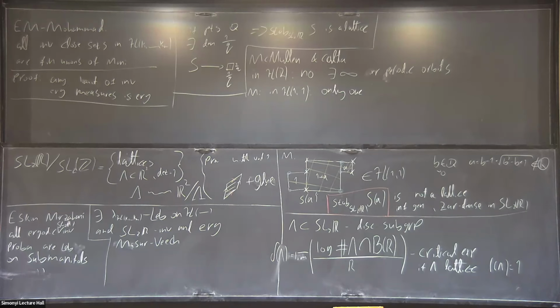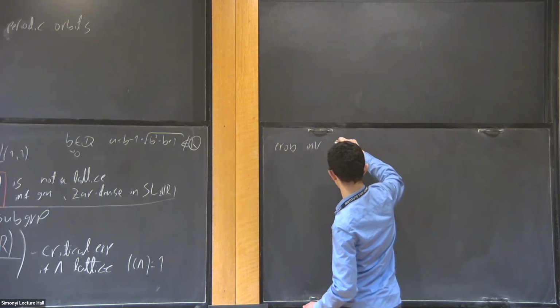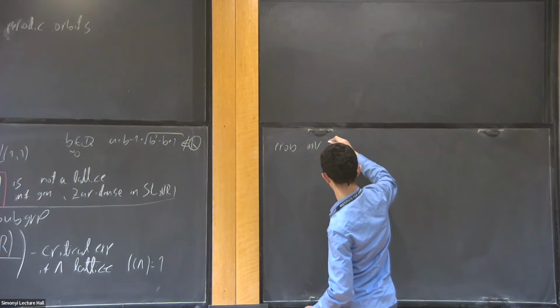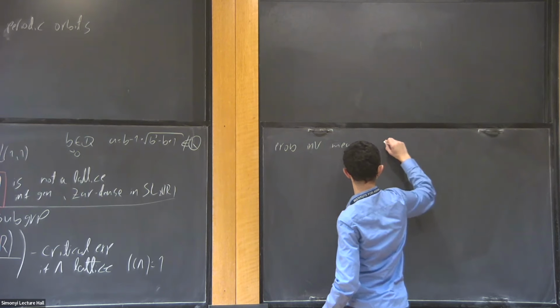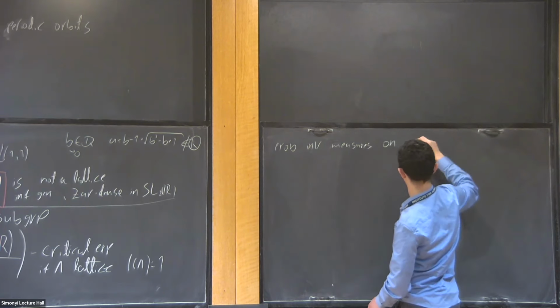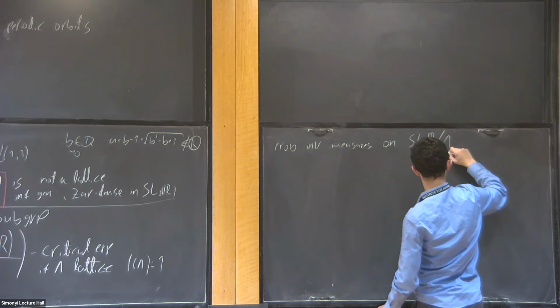Let me give a different characterization. You said some dimension of limit set. That's not the characterization that I want to tell you about. I want to characterize it in terms of probability invariant measures on SL2R mod lambda.